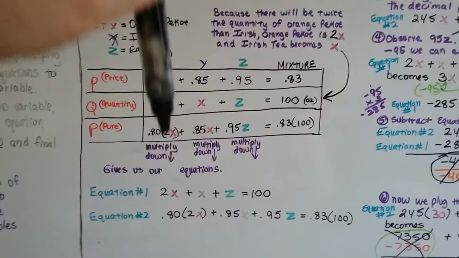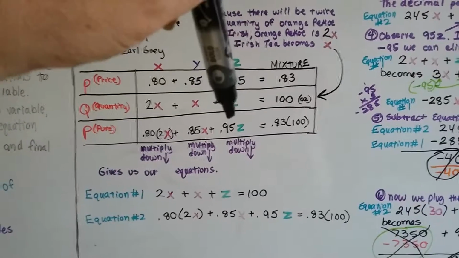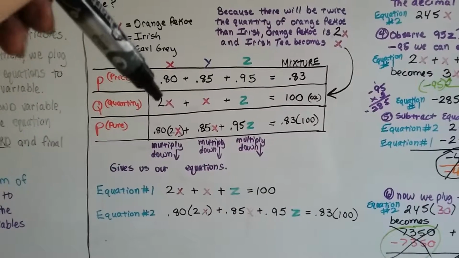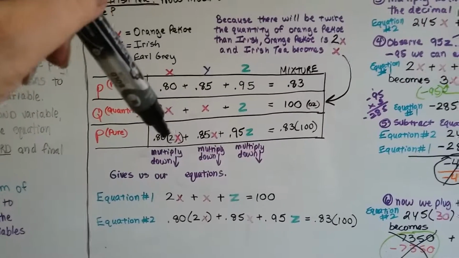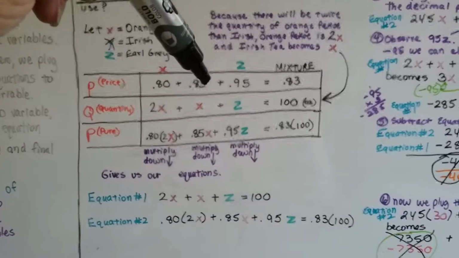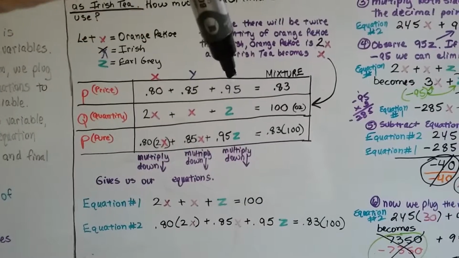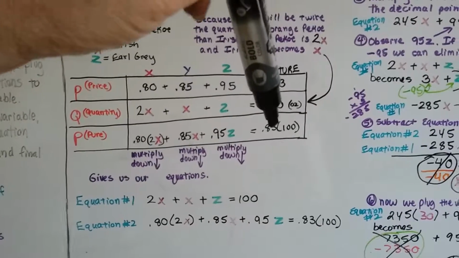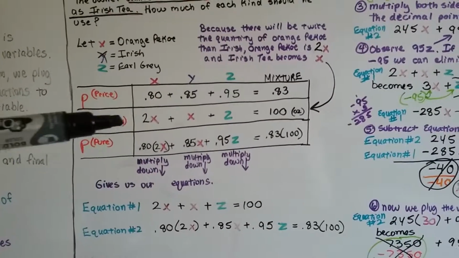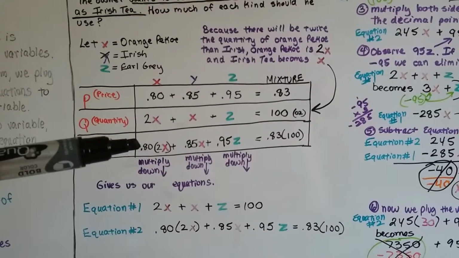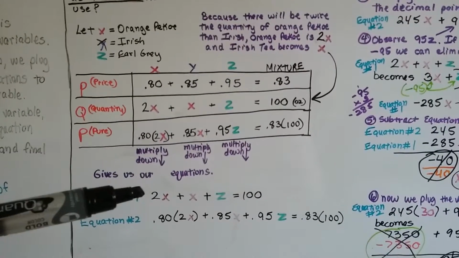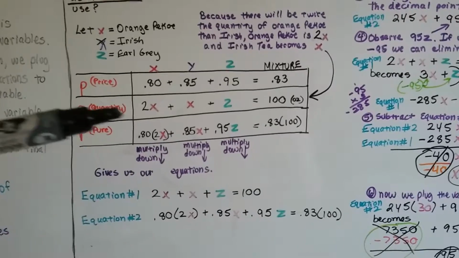Just remember that we multiplied straight down here to get each of these. The 0.80 times 2x was coming straight down here. The 0.85x came straight down from this. The 0.95z came straight down from that. The 0.83 times 100 came straight down from that. That is equation 1. That is equation 2. I've got them written right here. You can see where I got them.